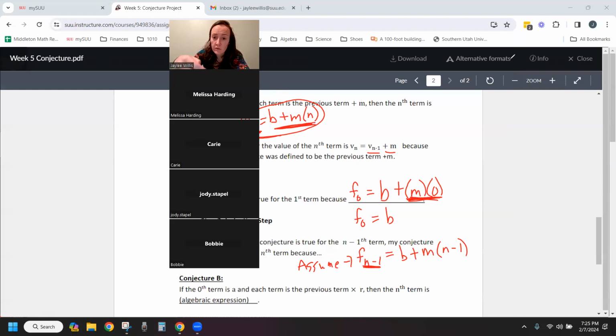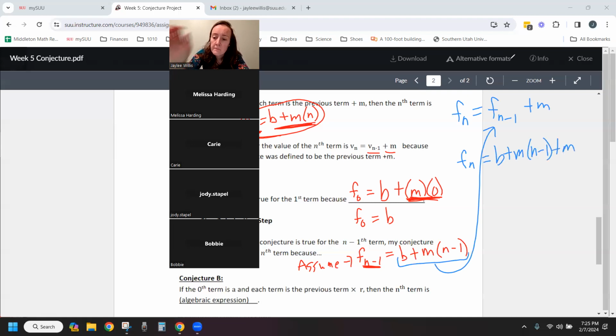So using our recursive formula, we can write the nth term, because we know that the nth term equals the term right before it plus m. So we can take this expression and plug it in up here, which would give us our nth term equals b plus m times n minus 1 plus m.